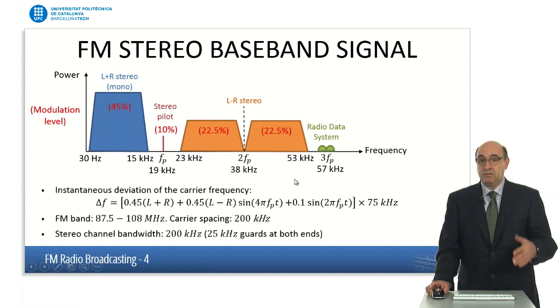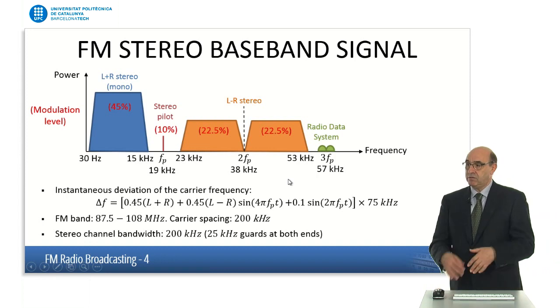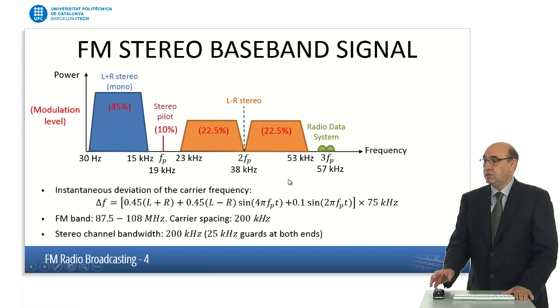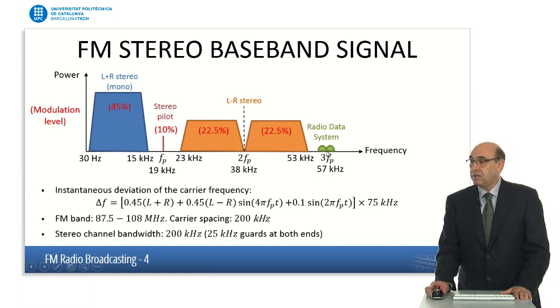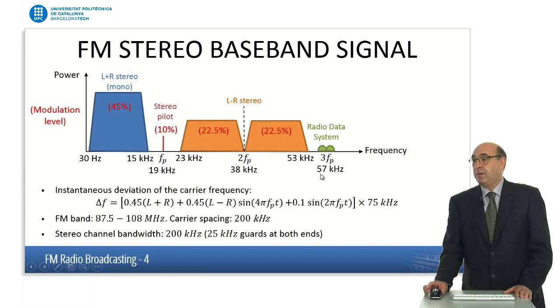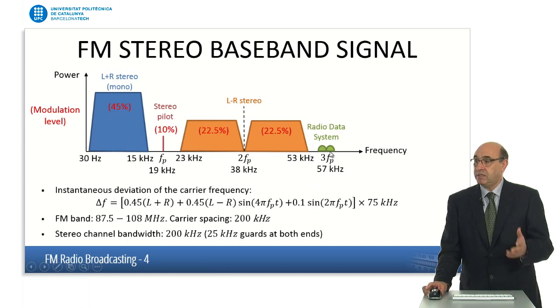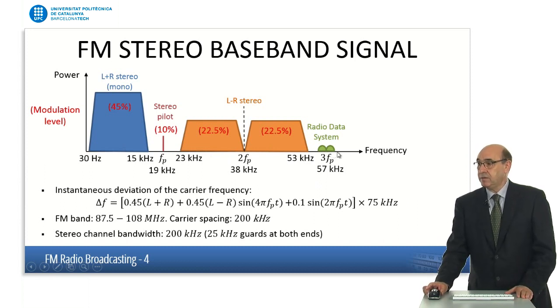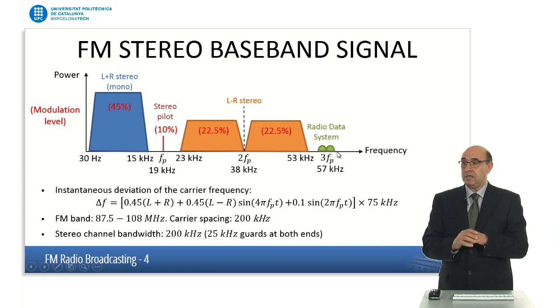Typically data, could be traffic advisors or other information you want to send. And this is sent at a carrier frequency which is 3 times the stereo pilot frequency. All those things add up to about 57, 60 kilohertz, and this is the baseband signal we have.